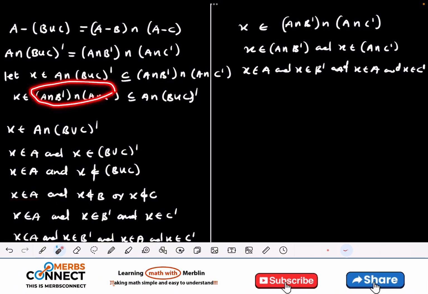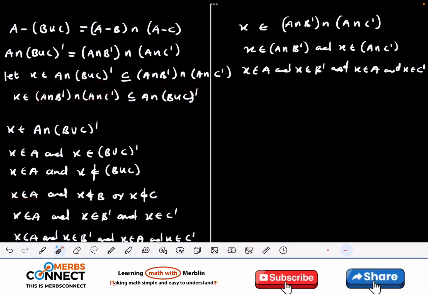We are moving from the left to the right. Now, looking at this, we have only one A, right? So we need to make sure that we just get one A. So what can we do? We can factor this and this out, right? So X belongs to A and we can factor it out.